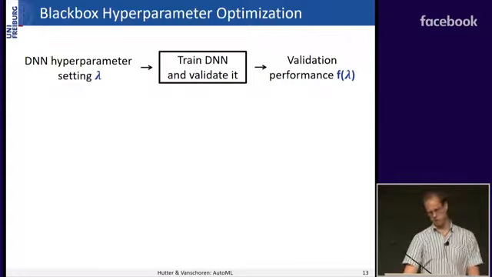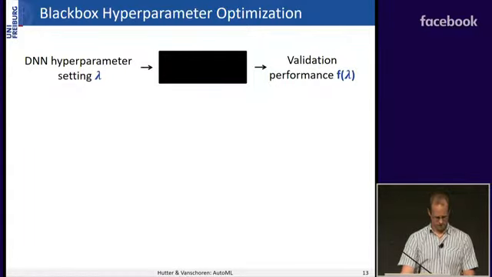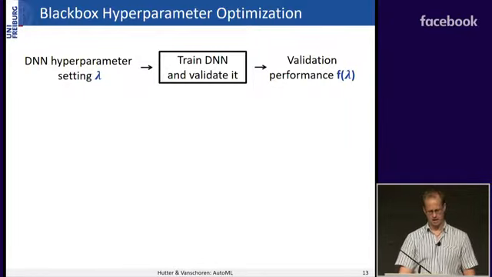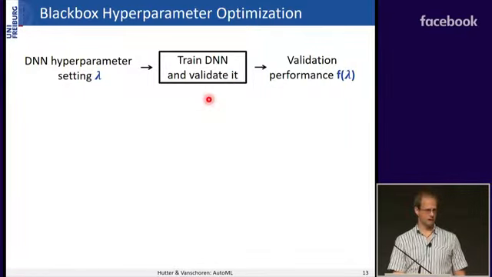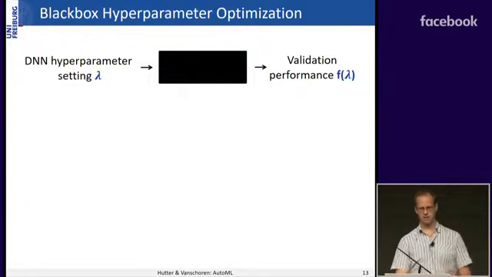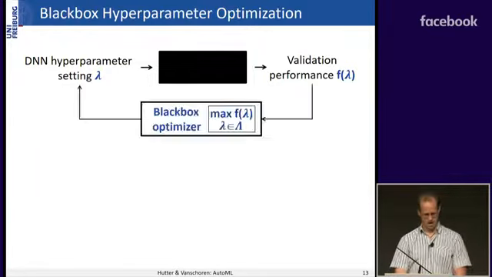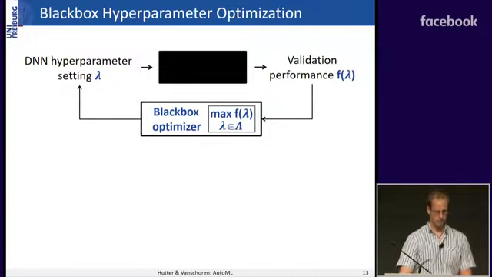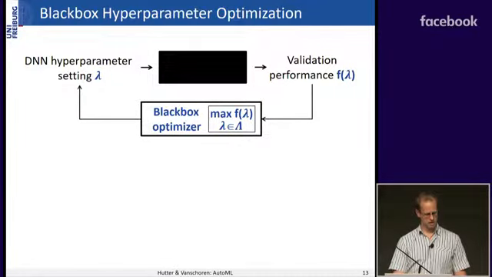So if you have, for example, a deep neural network and you have different hyperparameter settings here, you have a black box that trains this deep neural network and validates it. You get out validation performance. Well, what black box optimization does is treat this as a black box and seek for the input, lambda, that maximizes the validation accuracy.